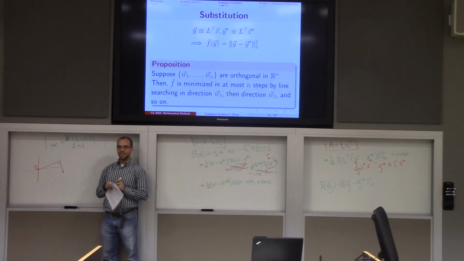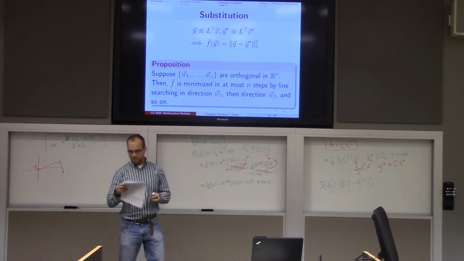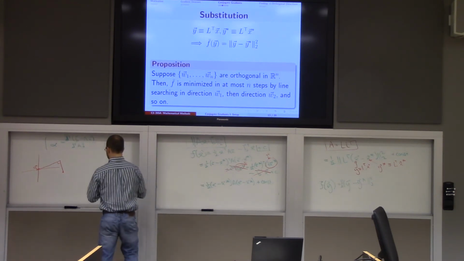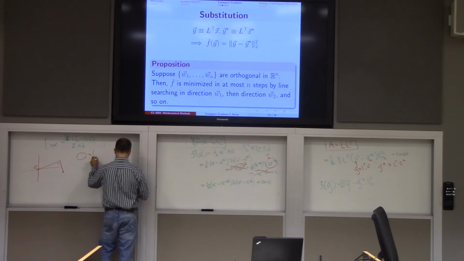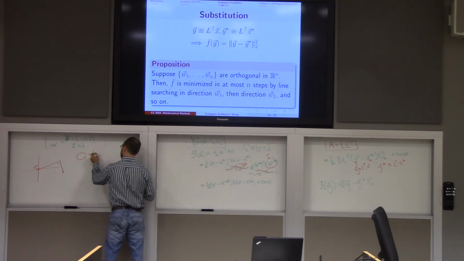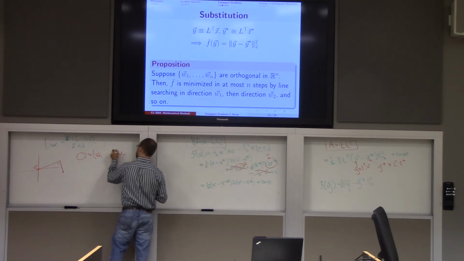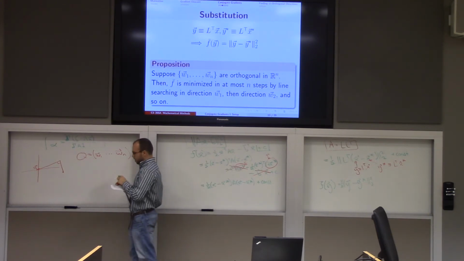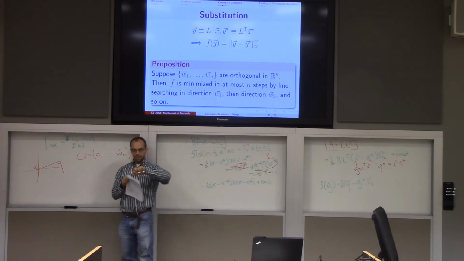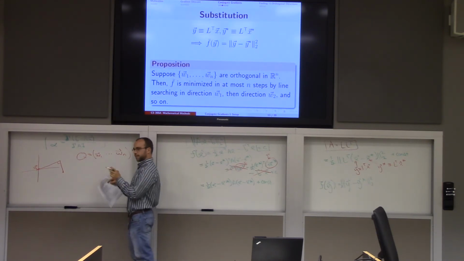Now, can we prove this proposition a little bit more rigorously? Absolutely. Let's define a matrix Q to have columns that are the w's, so W1 through Wn. Q is an orthogonal matrix. What we know about orthogonal matrices is that they preserve the lengths of things, as do their transposes.